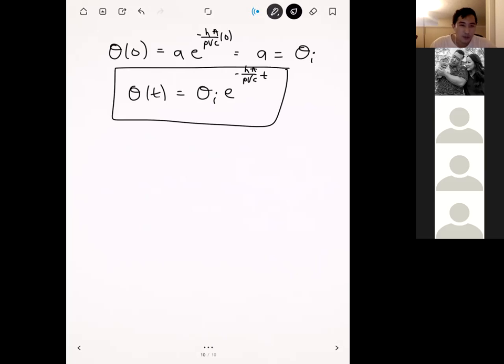So compared to some of our other solutions, this is relatively simple in nature. And mathematically, what we have here is just a decaying exponential, right?